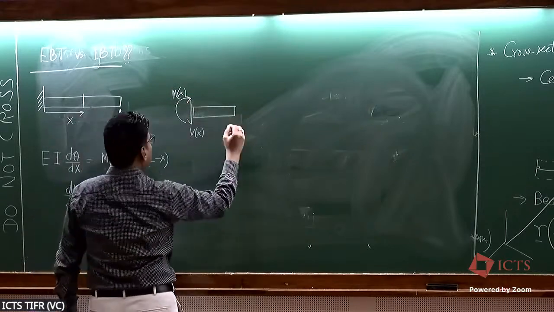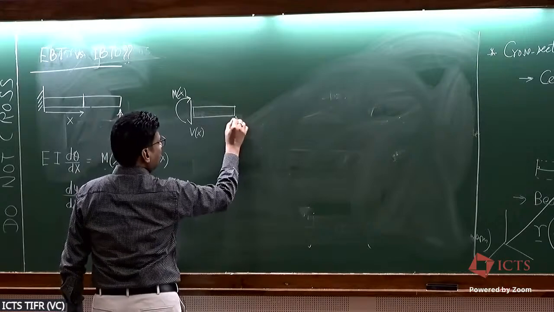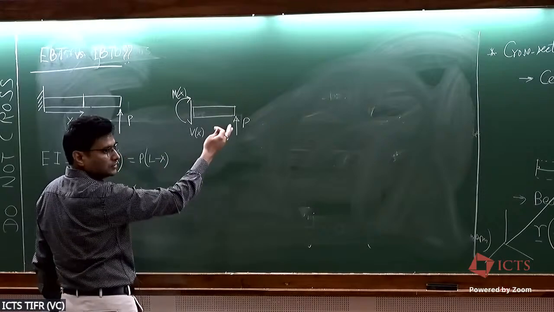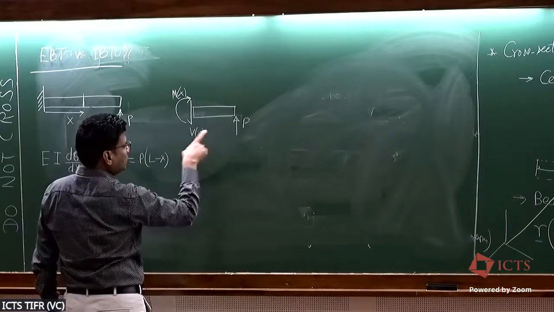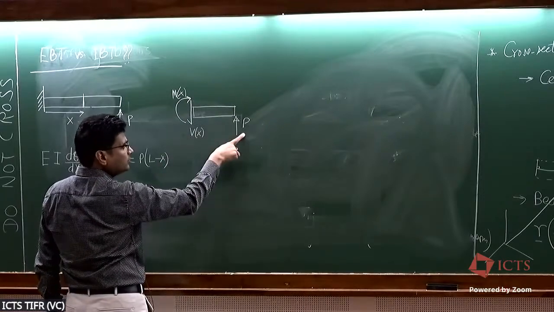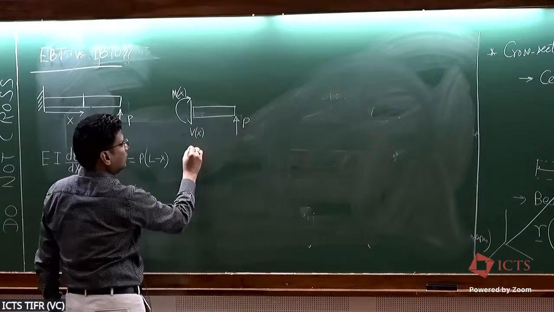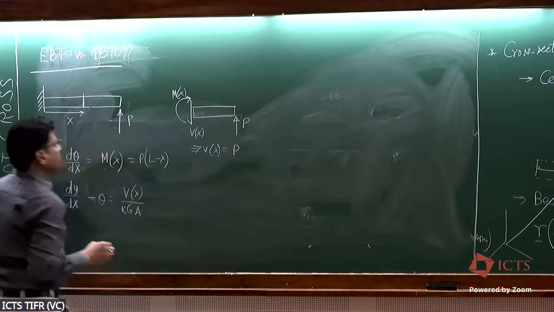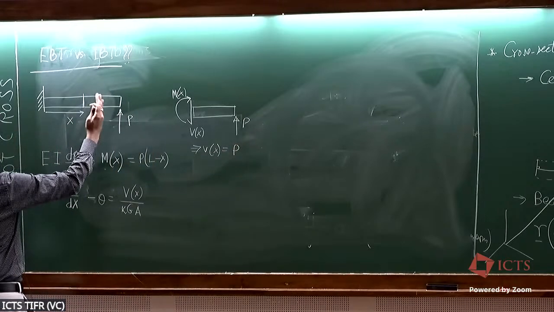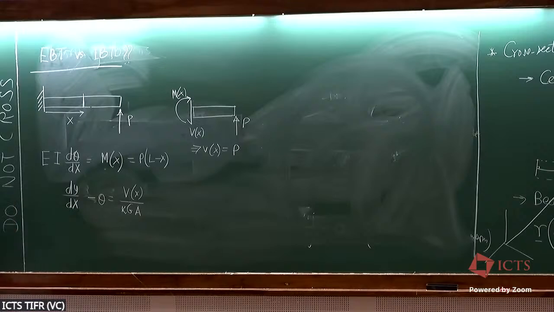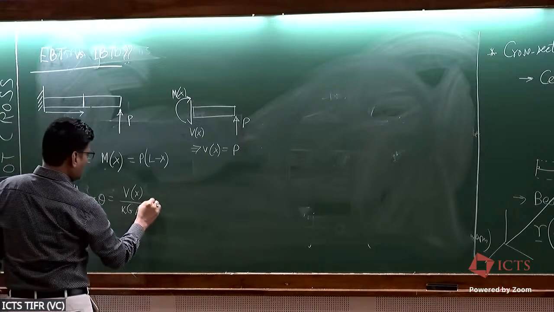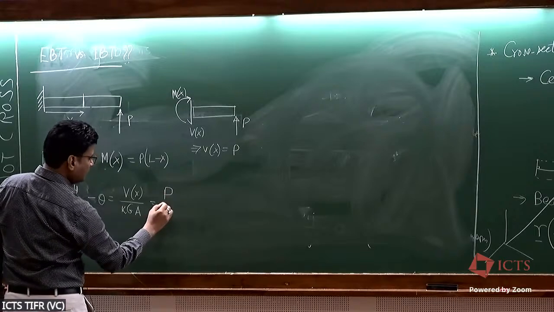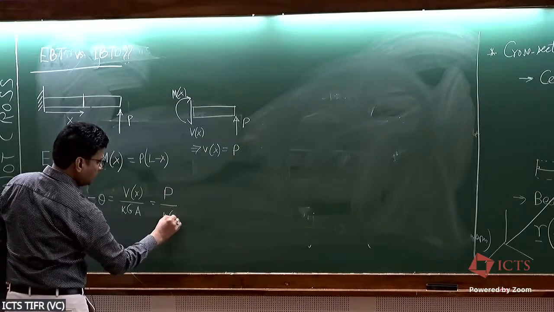And on this end, you have your P only. When you do simple force balance, negative V of x plus P is equal to 0, or V of x is equal to P. What this tells us is that the shear force is constant in this case. So V of x can be replaced by simply this parameter P by KGA.